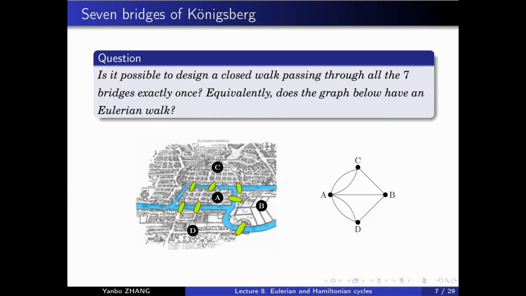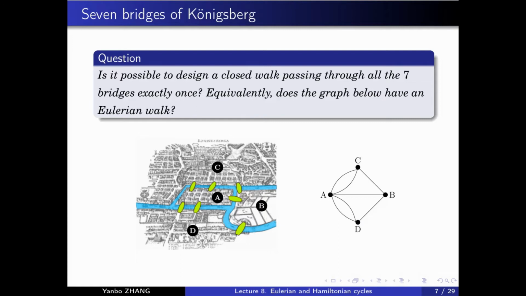The problem was to devise a walk through the city that would cross each of those bridges once and only once. Euler proved that the problem has no solution. The difficulty he faced was the development of a suitable technique of analysis.